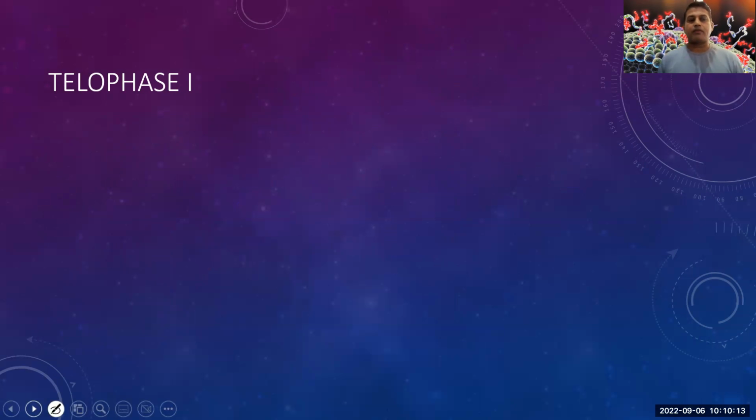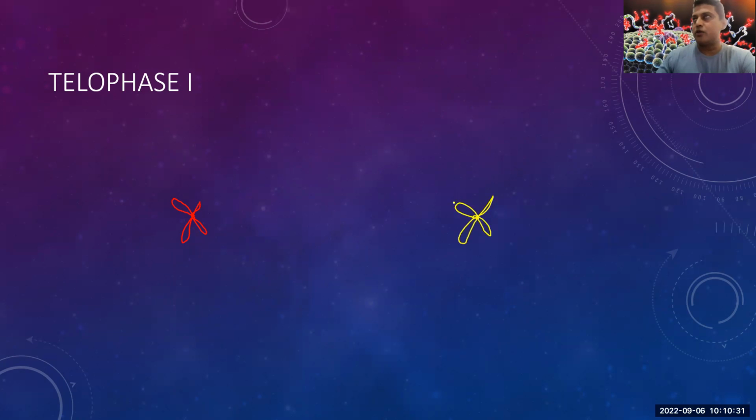telophase 1. So in telophase 1, homologous chromosomes are moving to this side. Other homologous chromosomes are going to the other side. If you look at the telophase in mitosis, you see only one here, so here we still have the duplicated one.